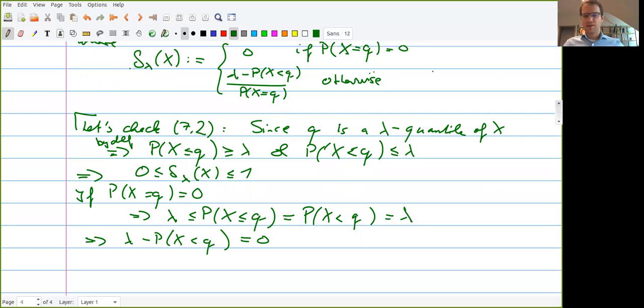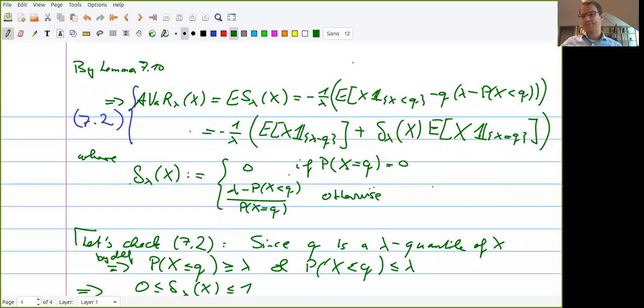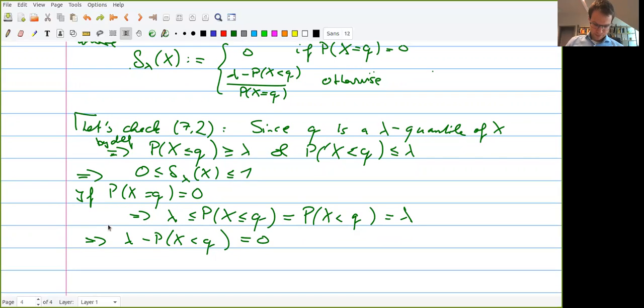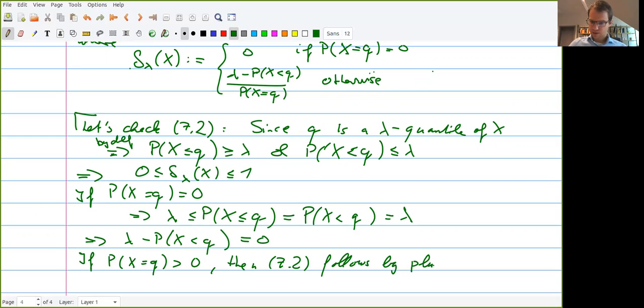So this means in the first case, if we are in this case here, then the proof is done, and otherwise, if we have mass at X being equal to q, then 7.2 follows by plugging in the definition.